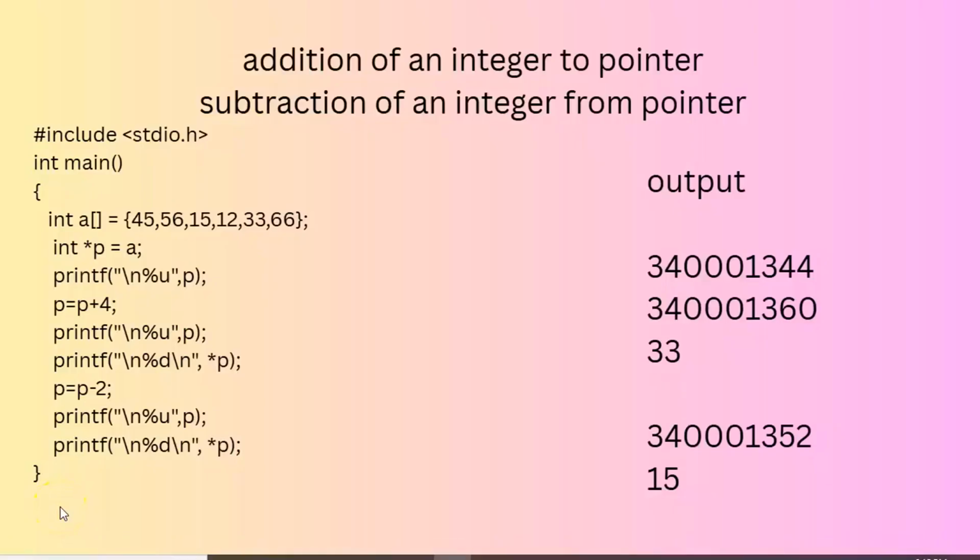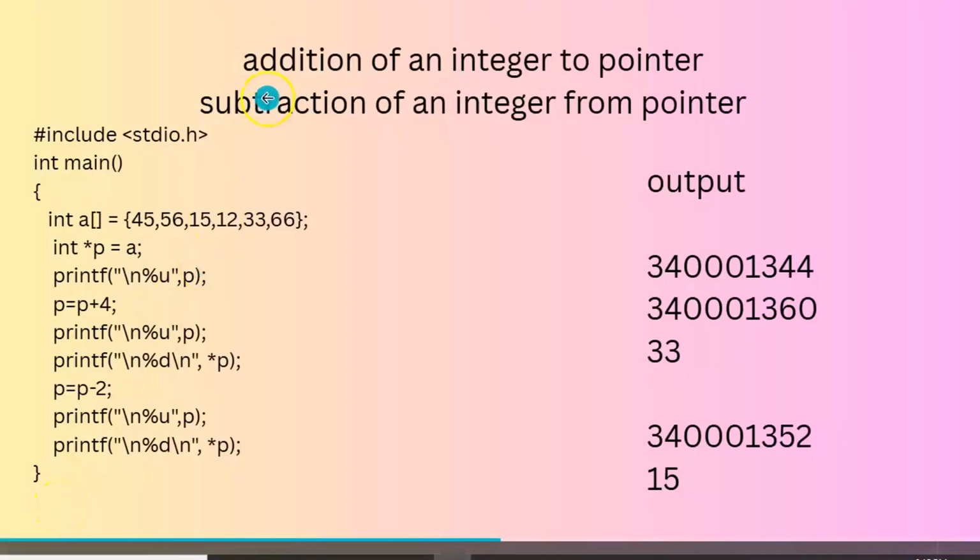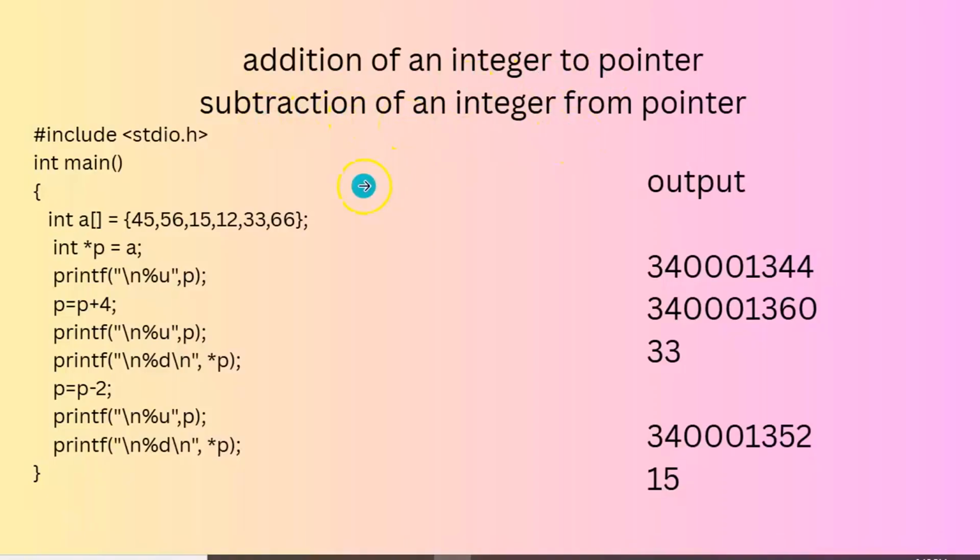Let us see an example C program for the concept of addition of an integer to a pointer and subtraction of an integer from a pointer. In this C program, we have declared an array A with the elements 45, 56, 15, 12, 33, 66, and we have declared an integer pointer variable p, that is p is a pointer variable pointing to integer data type, and currently it is assigned the address of a of 0.